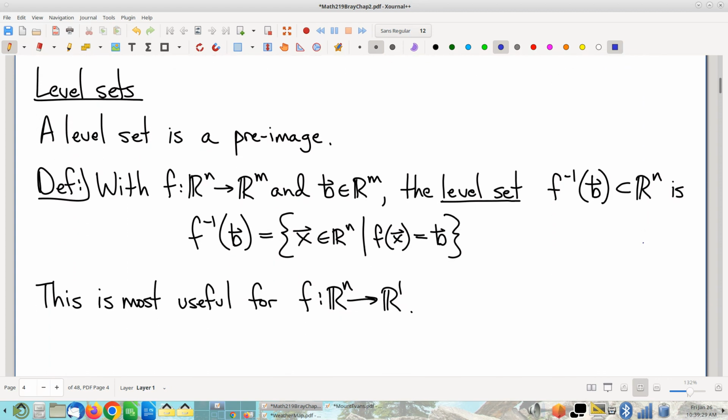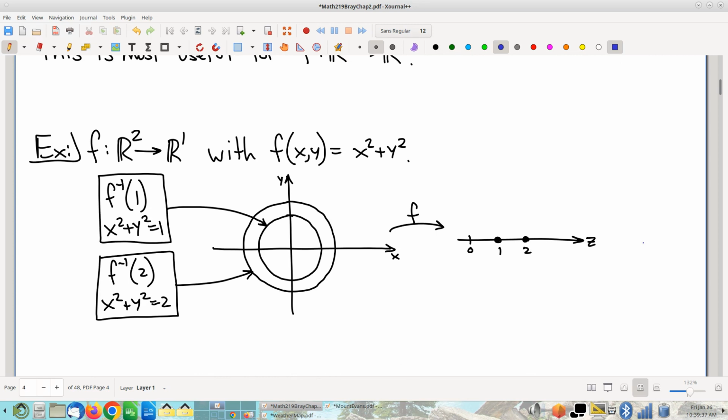Okay, level sets. Again, there's a bunch of language of the definition, etc. Let me start with an easy example. The big idea of a level set, and you'll see this in the definition in a moment, is that you take your function. Here's the formula for the value of the function.